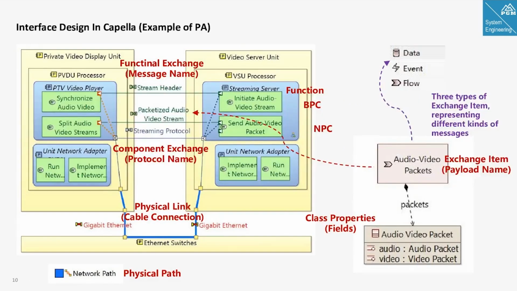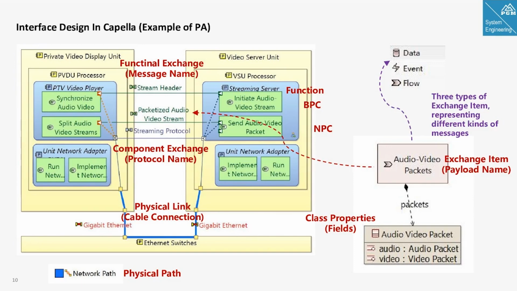For example, in the physical architecture, we can have node physical components here, these yellow blocks, and we have behavior physical components here, these blue blocks, and we can define physical functions here, these green blocks, and we can use functional exchange to define the input and output of the function.